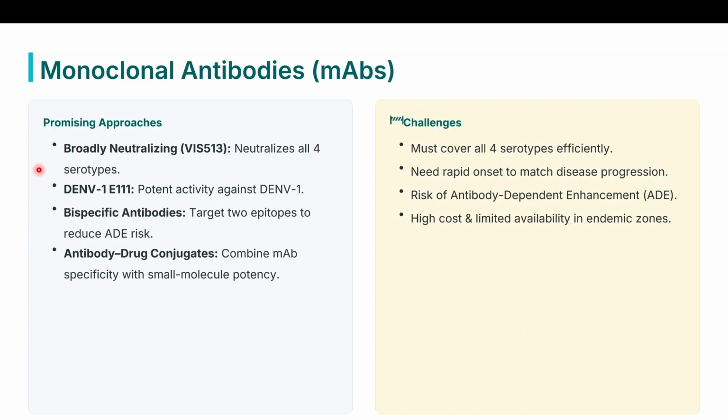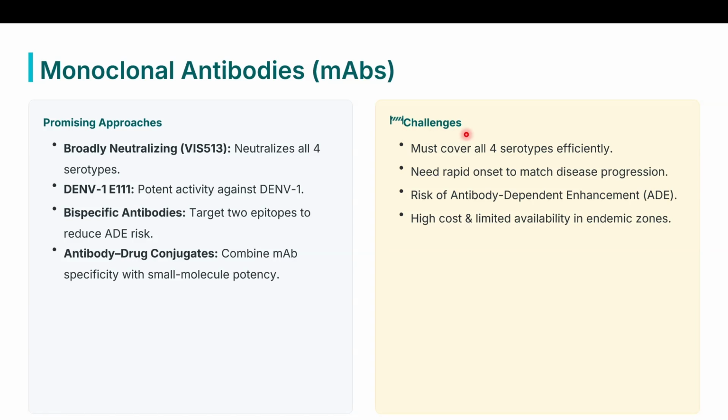Monoclonal antibodies such as VIS513 neutralize all four serotypes. These are promising approaches. Current activity in dengue includes bispecific antibodies that target two antigens, and antibody-drug conjugates that combine monoclonal antibody specificity with small molecule potency. These are the upcoming monoclonal antibodies.